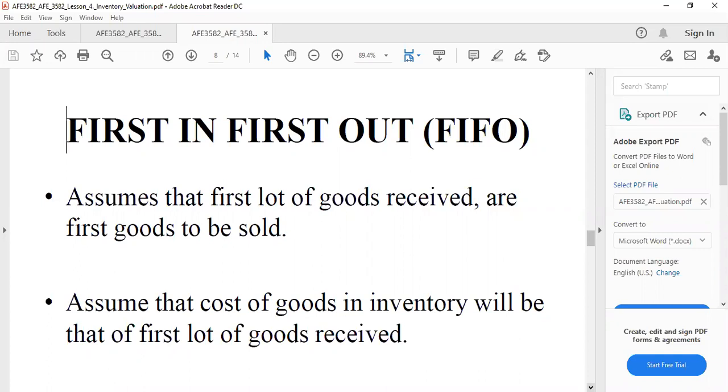Meaning that it assumes that the first lot of goods received are the first goods to be sold. So it also assumes that the cost of goods in inventory will be that of the first lot of goods received. So the cost of goods that you will use is the one of the goods that came in first. Now that is first in, first out.